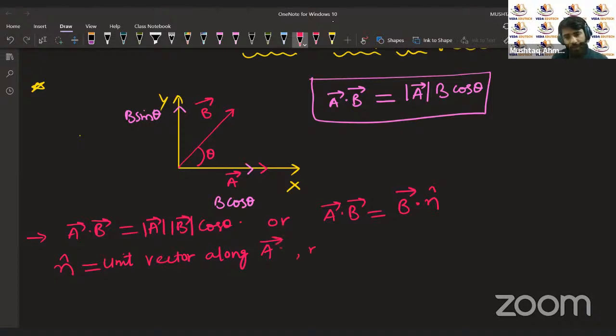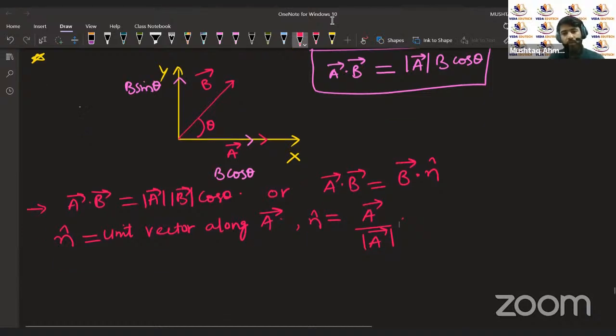That's a unit vector along A. So the unit vector along A is going to be A vector upon mod of A. So that's how we define a dot product of the two vectors.